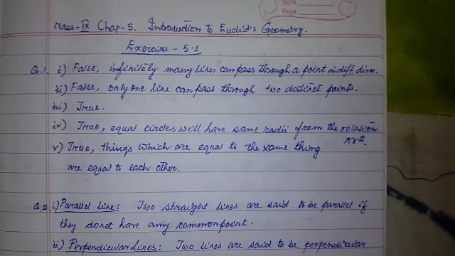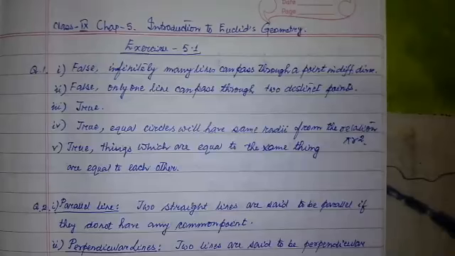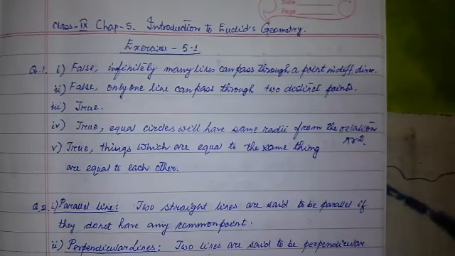First statement: only one line can pass through a single point. This statement is false. As we know, infinitely many lines can be drawn through a point.